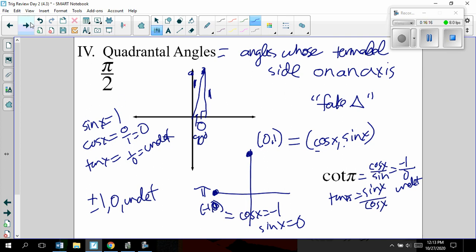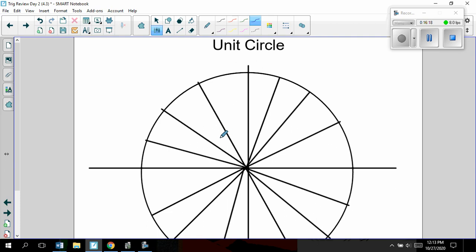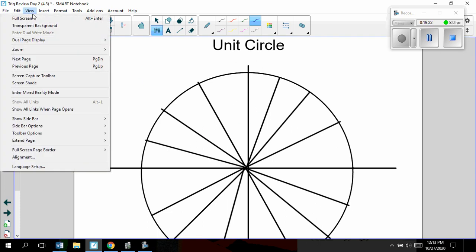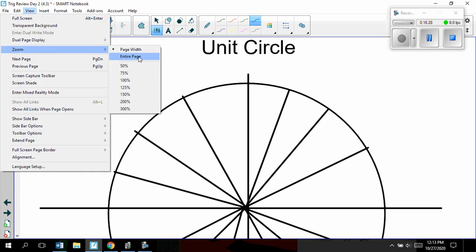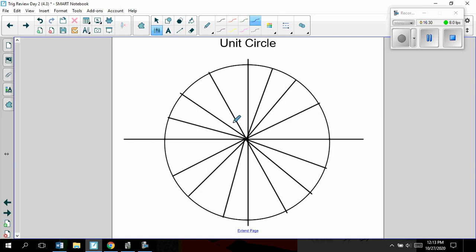Okay. All right, now let's get kind of used to that unit circle again. I'm going to zoom out a little bit here so that we can see the whole page. Zoom entire page. All right, so pretend these all line up nicely. I broke each 90 degrees into 3 parts because those are your special rights. So 30 degrees, 45 degrees, 60 degrees.